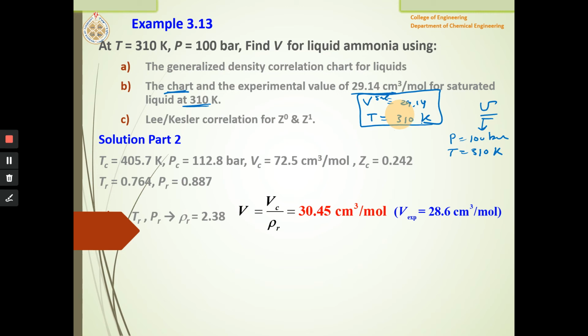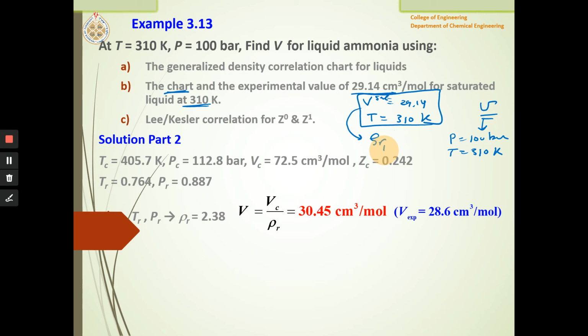So in this case, how do they get this value? When you go to the chart, if the temperature is 310, I can get TR, and TR is already 0.764. Those two pieces of information will give me one rho R. I can call it rho R1. And how can I get rho R1?